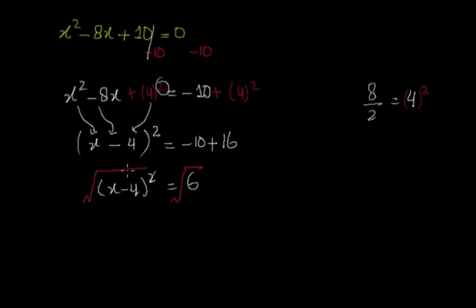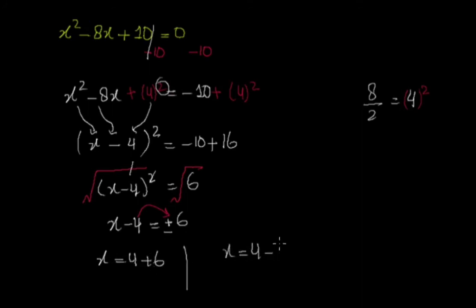So this square cancels with this square root and it becomes x minus 4. And the right hand side is the square root of 6 with positive and negative sign. Now we isolate the value of x, so we move this term to this side. So it becomes. Now we simplify and get the answer, that is x is equal to 10 and x is equal to 2.